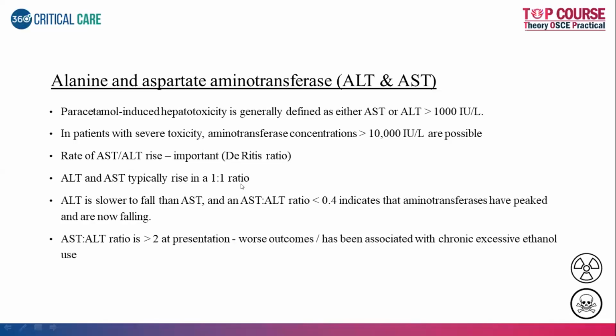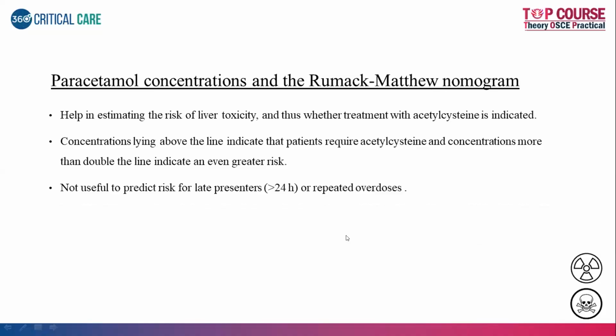But when you consume paracetamol, if at presentation the ratio is more than 2, then it is associated with poor prognosis. If it is not paracetamol poisoning, then it is usually associated with chronic excessive alcohol ingestion. So this is not a specific biomarker for paracetamol ingestion, but in general, when the ratio is more than 2, it indicates worse outcomes in cases of paracetamol poisoning.